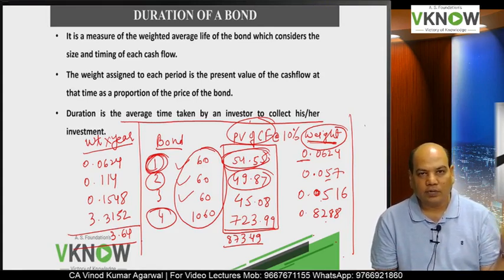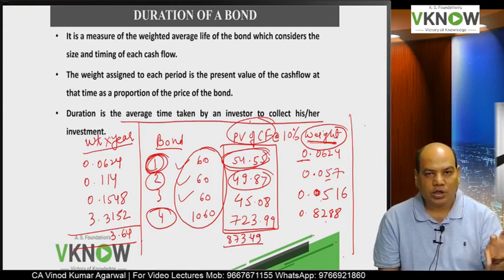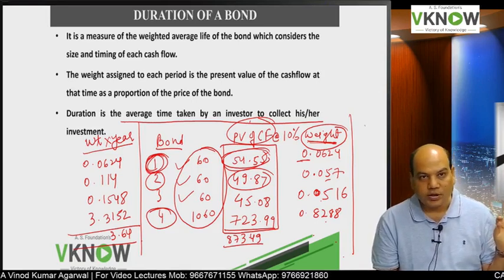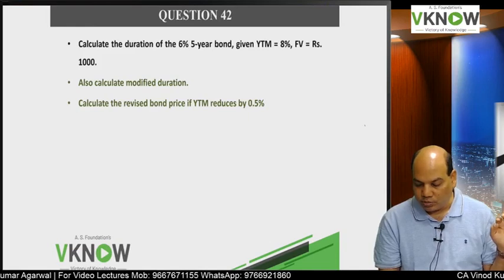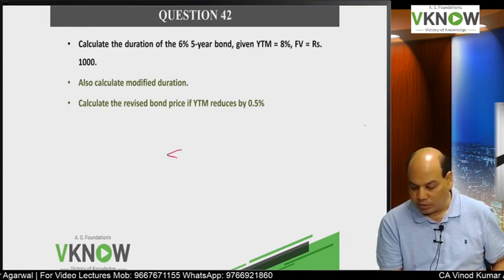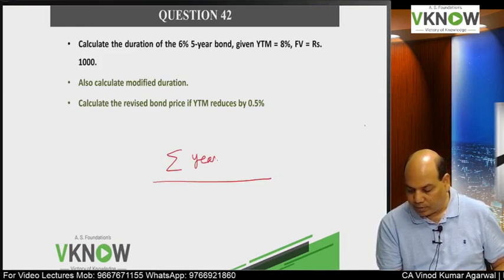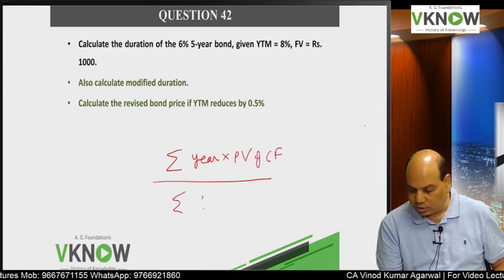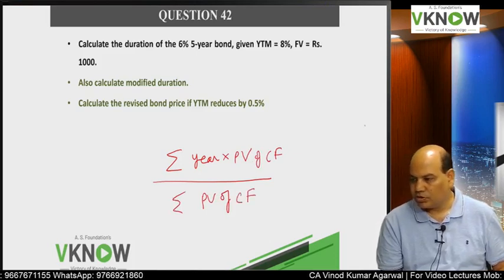It is the average maturity of the bond, time required by an investor to recover his or her investment. Okay. Second thing, we have learned how to calculate the duration. So duration can be calculated by taking the sum of year into PV of cash flow divided by sum of PV of cash flow. This is what we did.